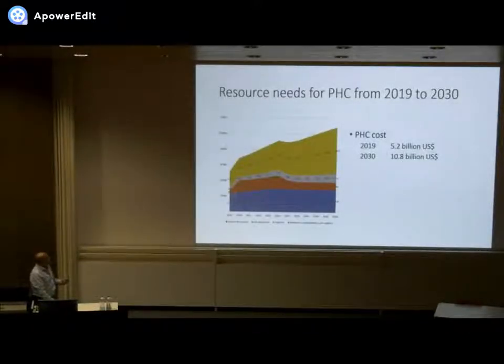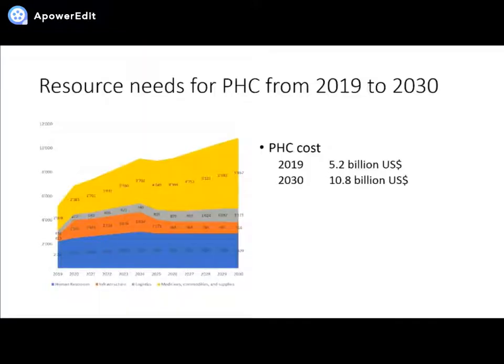So we found that at the beginning of 2019, the overall cost was around 5.2 billion in primary healthcare. And it was forecasted to be 10.8 billion, almost double, depending on the coverage and other system targets.